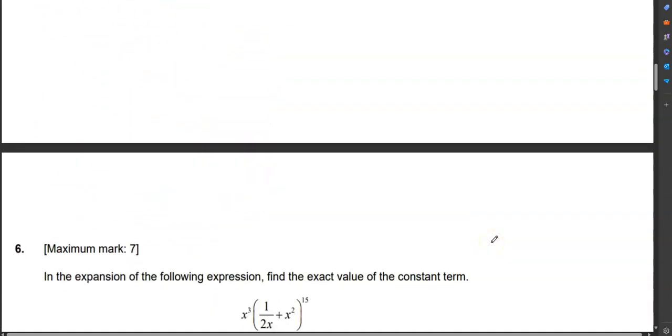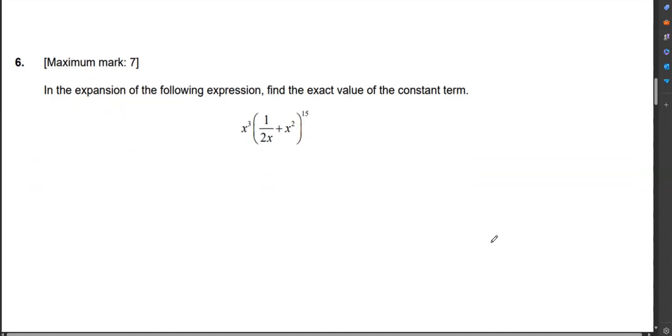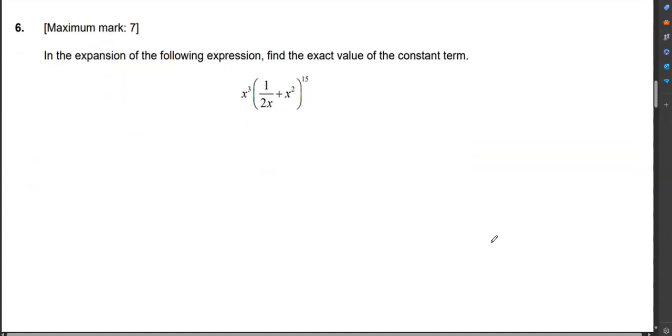On to the next one. Now this is question 6. This is now getting far more robust. So we want to find the value of a constant term of this whole thing. And this, we have a binomial expansion on the right being multiplied by a cubic on the left.